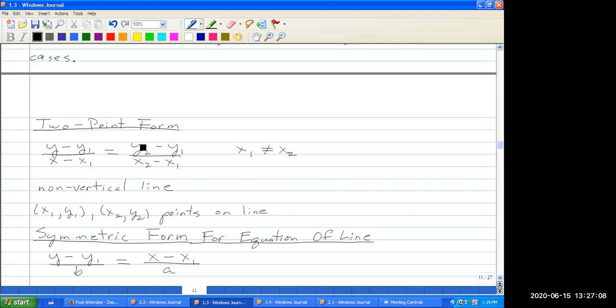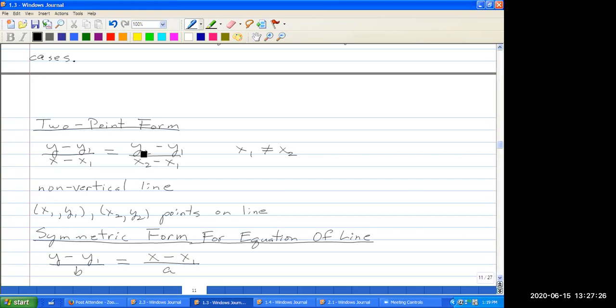Again, this can only be done for non-vertical lines. And of course, this is where (x1, y1) and (x2, y2) are two distinct points on the line.